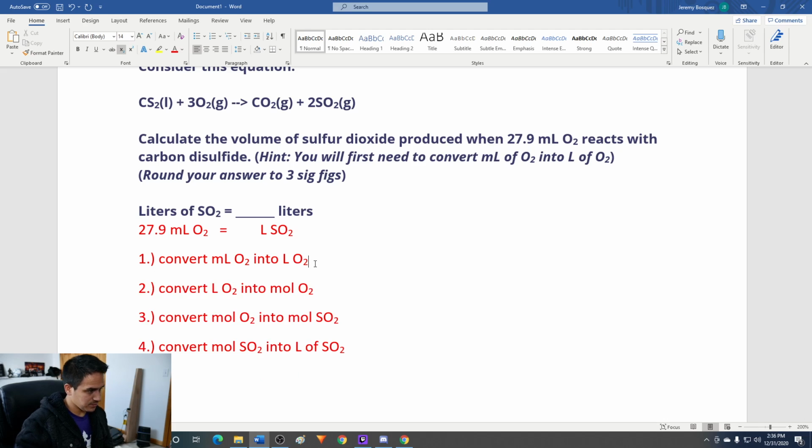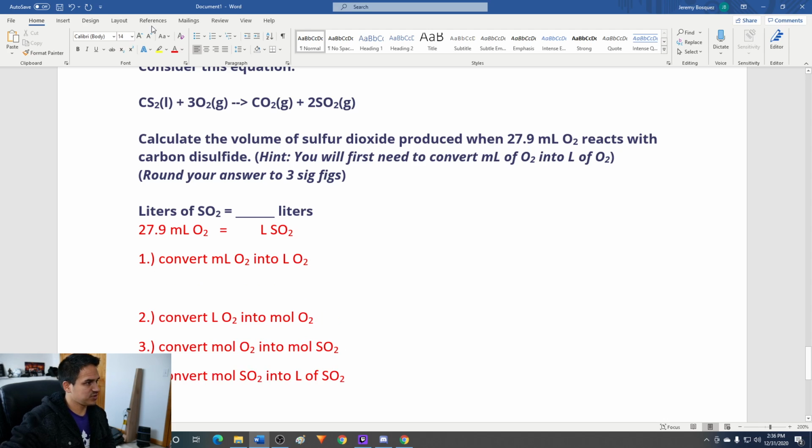All right, so step one. We're starting with 27.9 milliliters of O2. We've got to convert this into liters of O2. So milli means 1,000 times smaller. So there are 1,000 milliliters in 1 liter. That's our conversion factor.